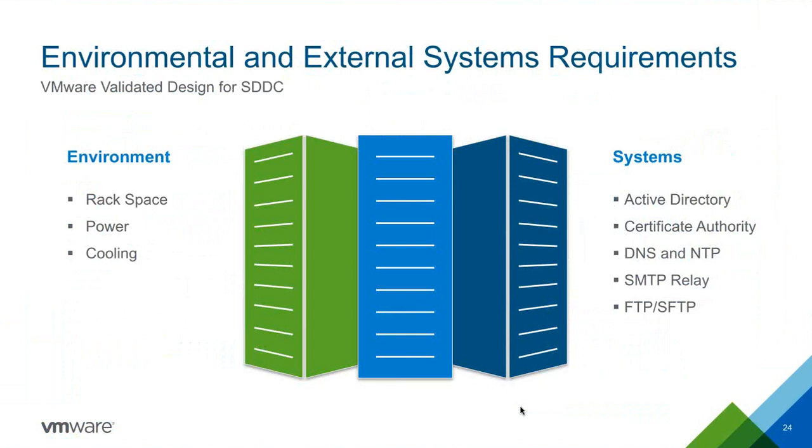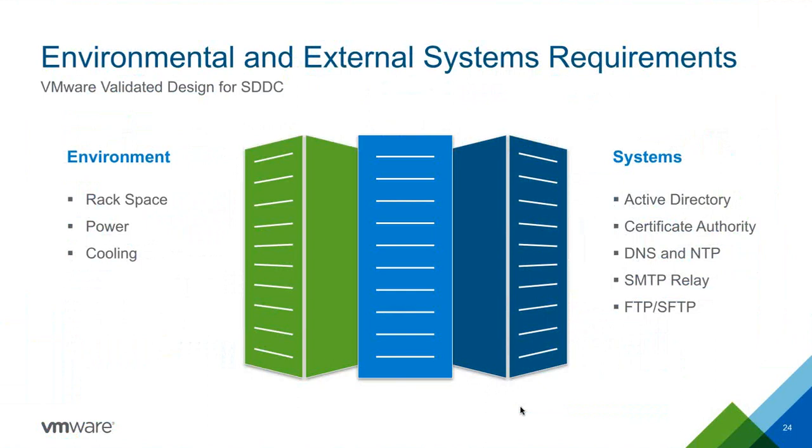Do I have the requisite real estate for it? Do I have necessary power and cooling? Can I provide dual power? Can I provide enough cooling to keep the systems within operational ratios?